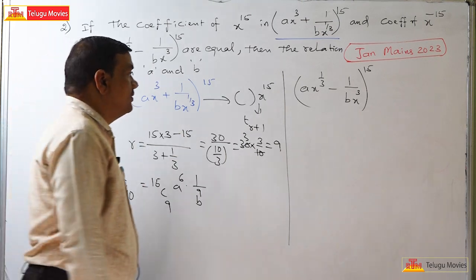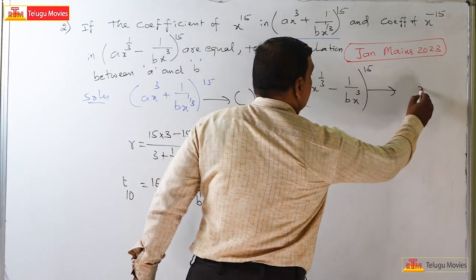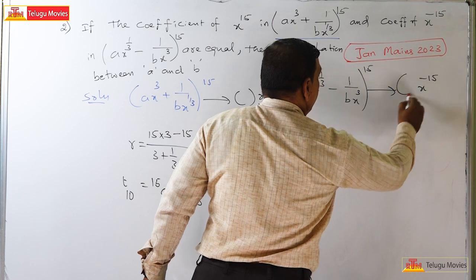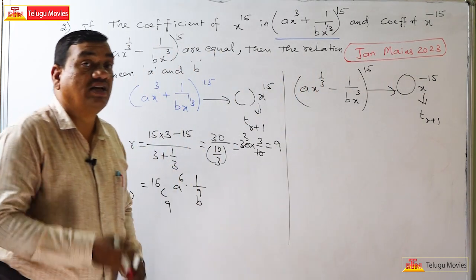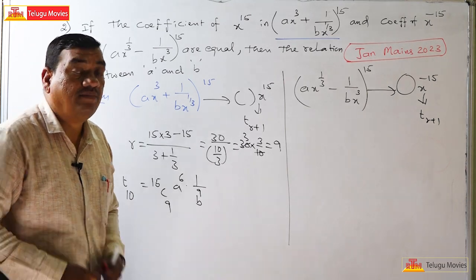Now coming to the second expansion. The x to the power of minus 15 term, let it be the T(r+1) term.